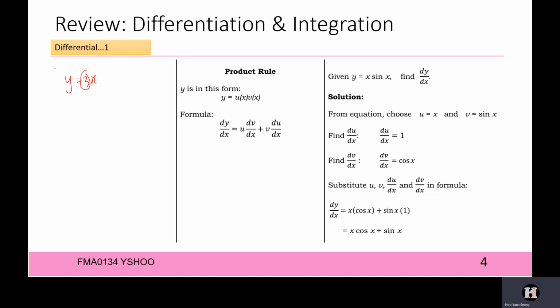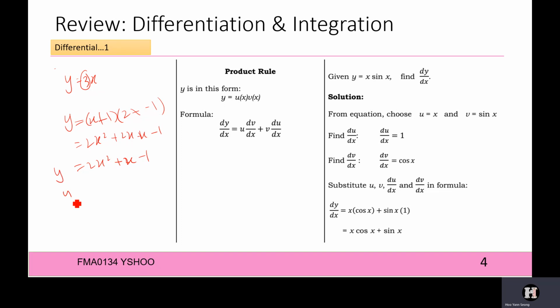Now for some polynomial questions, for example y equals x plus 1 times 2x minus 1. Although these are two different functions, sometimes you can expand and simplify it. So it is 2x squared plus 2x minus x minus 1, giving 2x squared plus x minus 1.